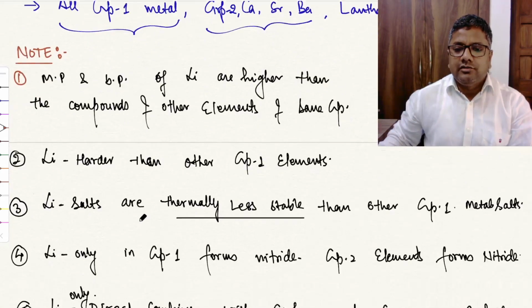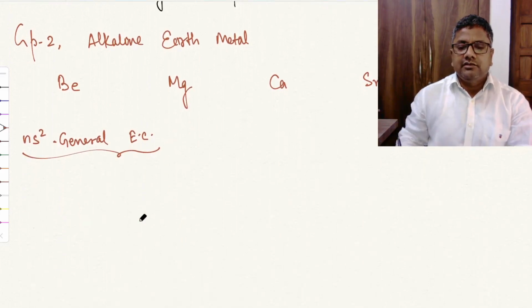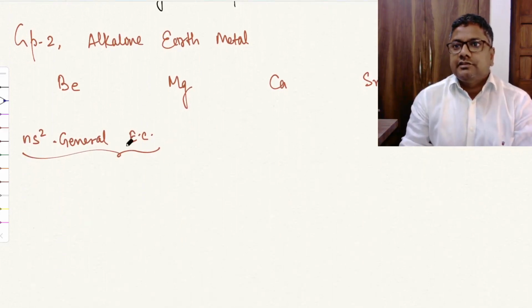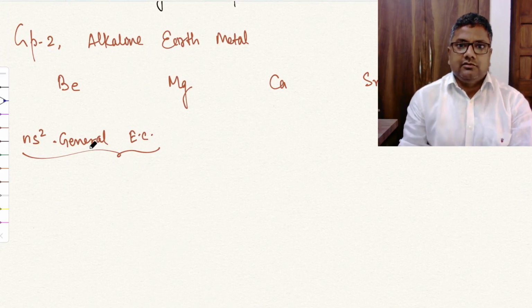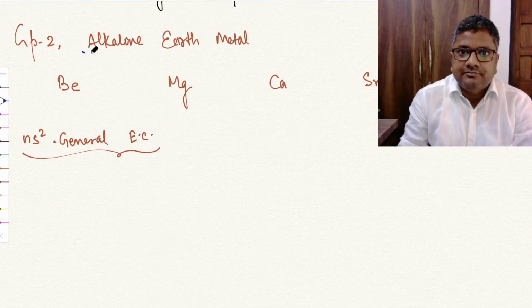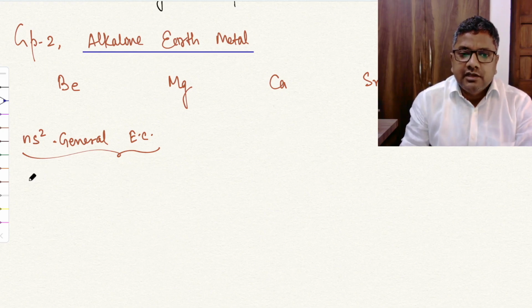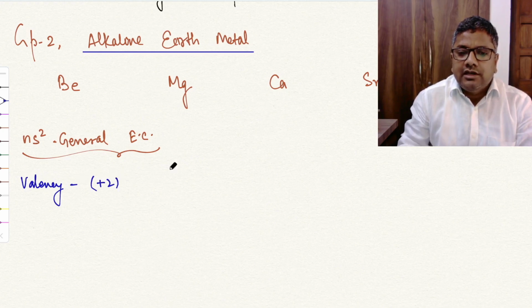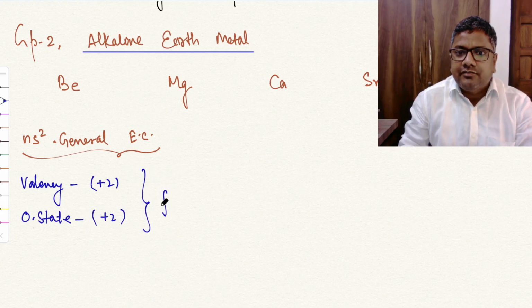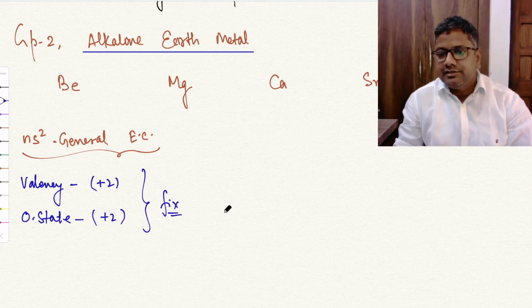Okay, so let's discuss one by one the properties of group 2, the alkaline earth metals. The general electronic configuration is this. Valency is +2, and the oxidation state is also +2, and this is fixed, meaning there is no variation.